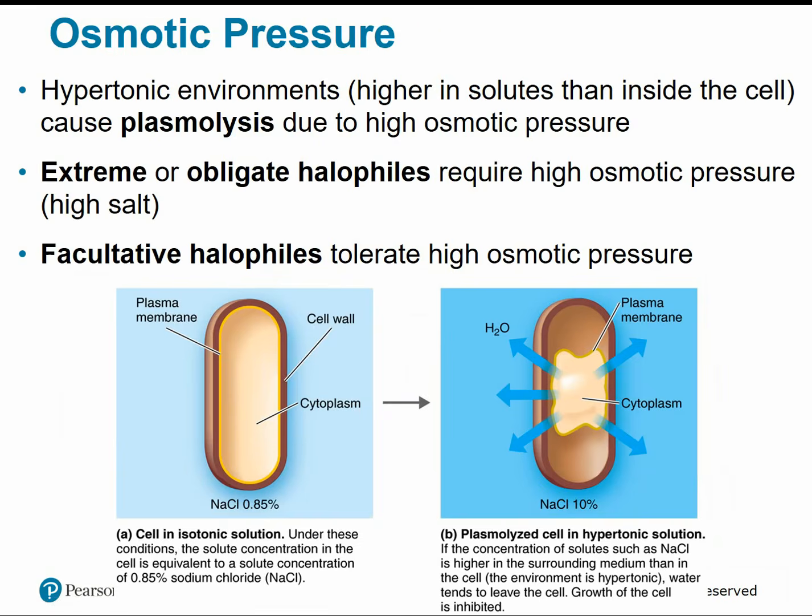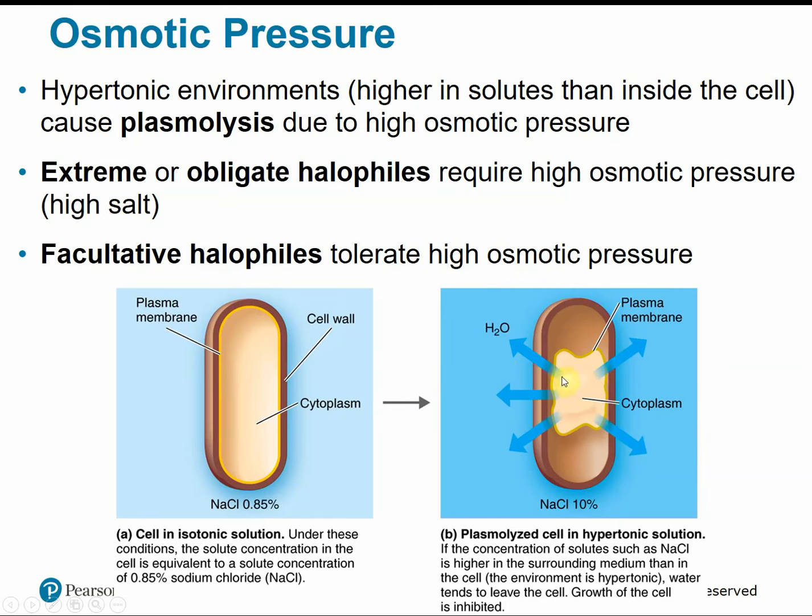Osmotic pressure is another physical requirement, or environmental factor, for microbial growth. In hypertonic environments, where we have a higher solute concentration outside the cell than inside the cell, plasmolysis occurs, where the cell essentially shrivels up and dies.